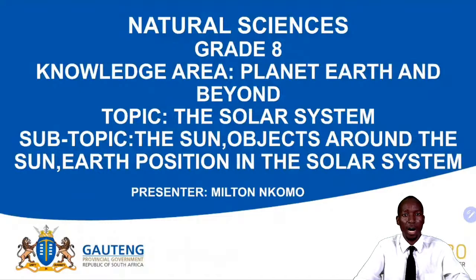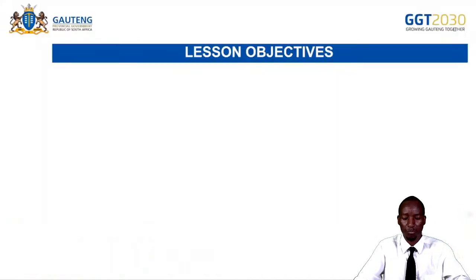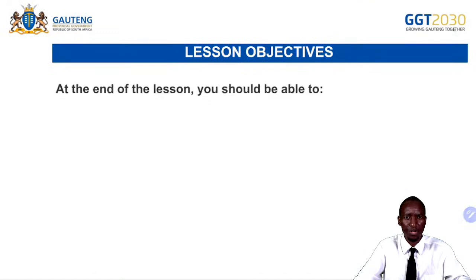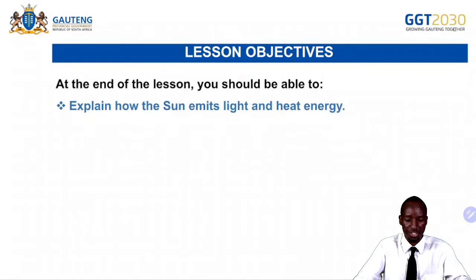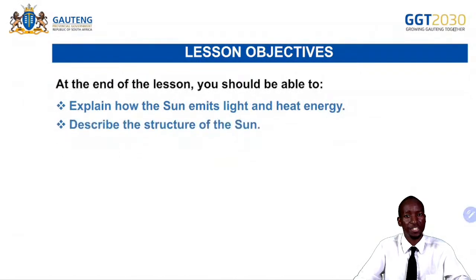Let's go through our lesson's objectives. By the end of the lesson, we are supposed to be able to explain how the sun emits light and heat energy. We are supposed to be able to describe the structure of the sun.